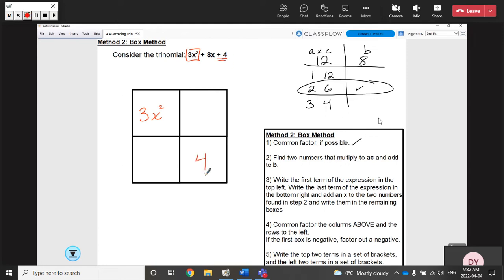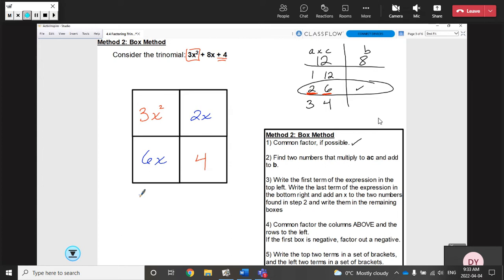Okay. And add an x to the two numbers found in step 2. So see this number 2 and this number 6? We're going to add an x to them and put them in the remaining boxes. So we're going to say, all right, 2x and 6x. Okay, the two magic numbers here.